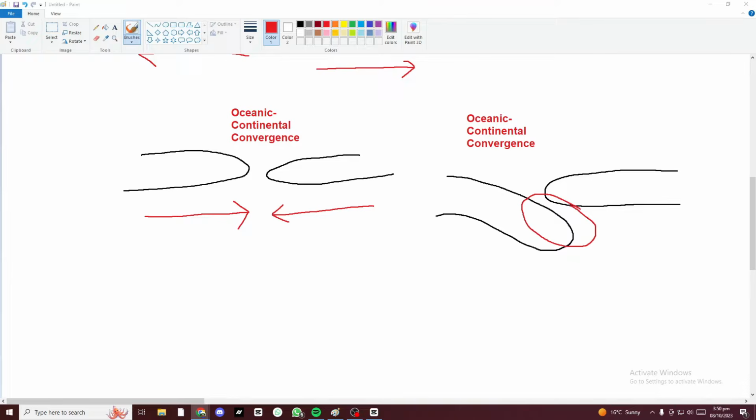Okay, but I think the Andes is an example of an oceanic continental convergence. Let me just make sure. Okay, yeah. So an example of an oceanic continental convergence is the Andes Mountains in South America.